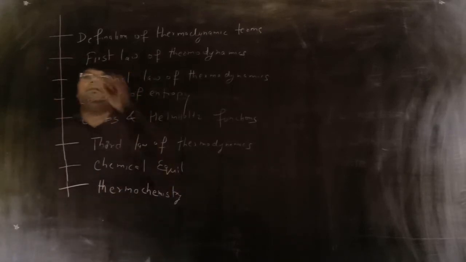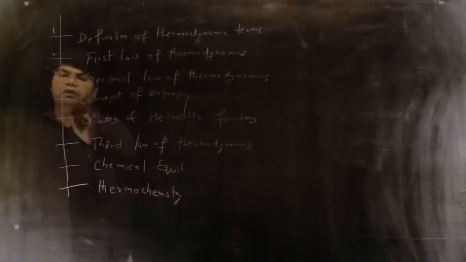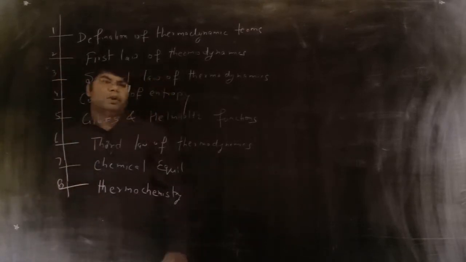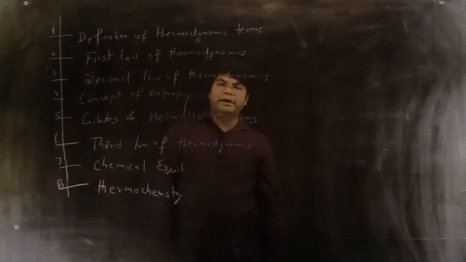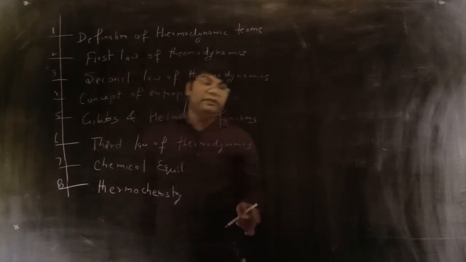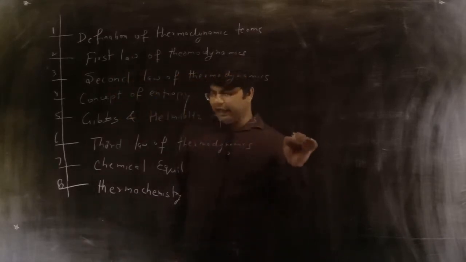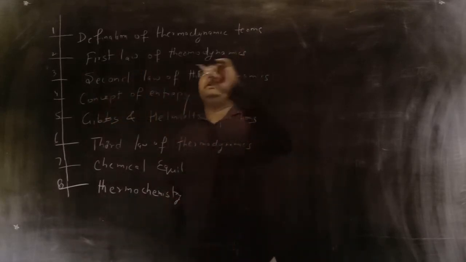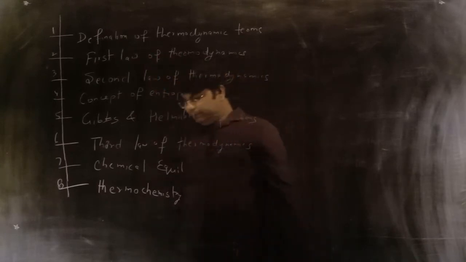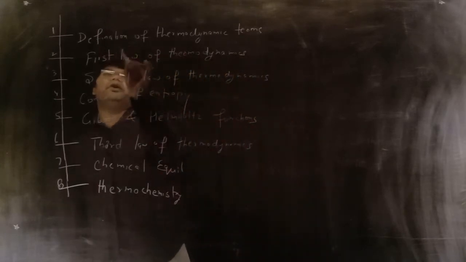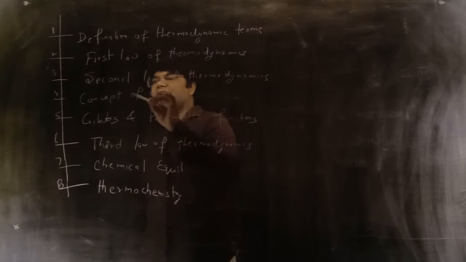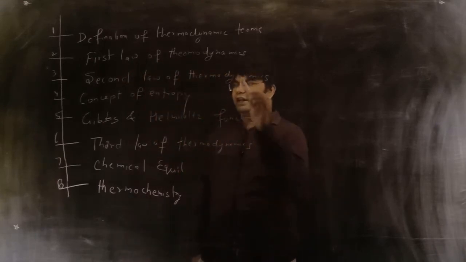So these 8 parts will cover the whole syllabus of unit 1 and unit 2 of BSc second year paper 3 for chemistry, which is the physical chemistry. Now in this topic, definitions of thermodynamic terms. This is one of the most important topics, and if you are not understanding this topic, then it will be very difficult for you to understand the rest of these.